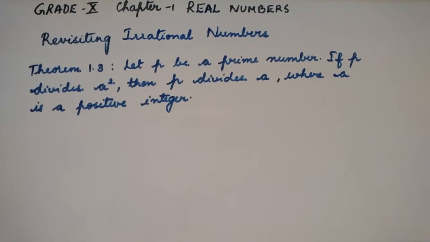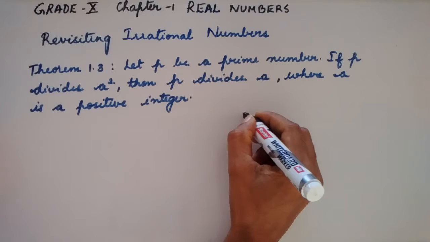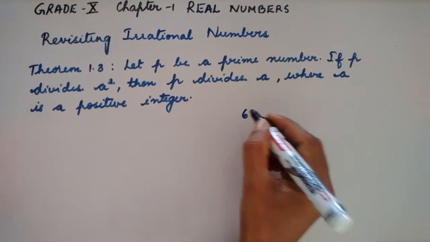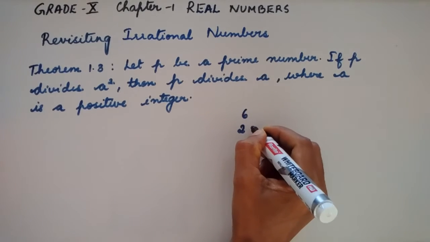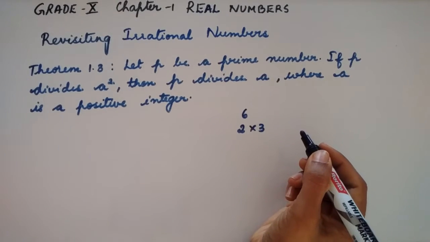So here I am going to choose the prime factors of a. See, the prime factors of 6 are 2 into 3, isn't it? Yes.